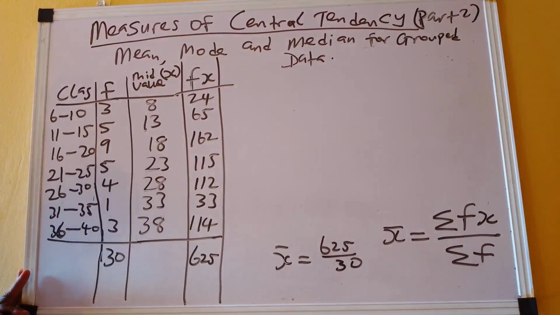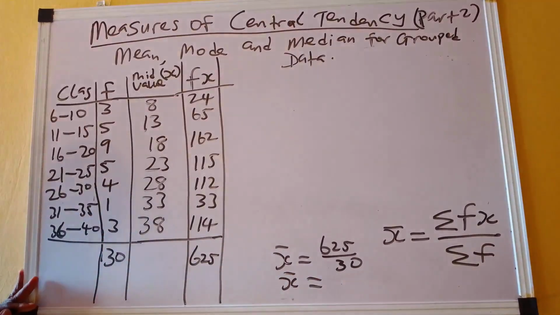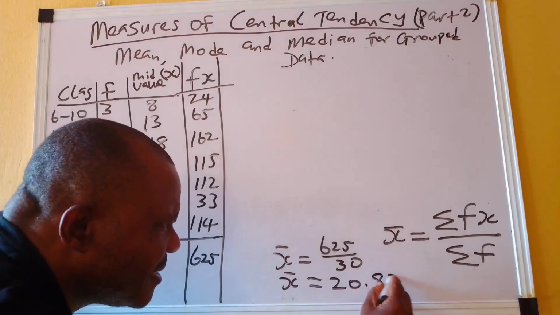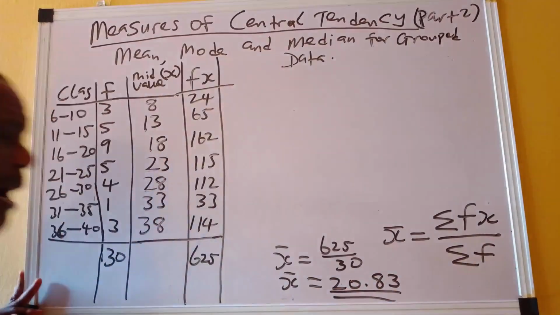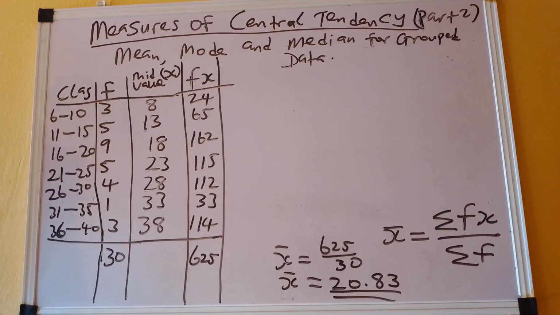So by implication, the mean x bar, I always leave my answer in 2 decimal places, will now be 20.83. That will now be our mean for this set of grouped data.